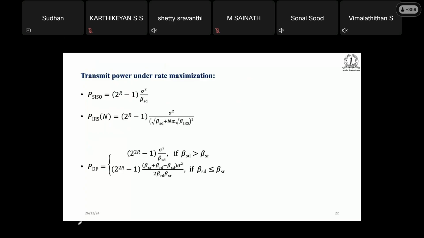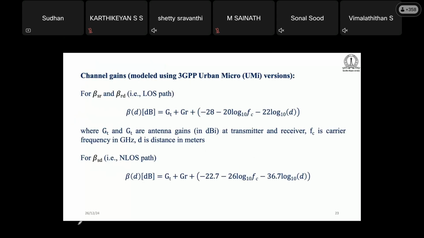So this is the capacity: SISO capacity, IRS capacity, and DF capacity. From here we can see that IRS has a larger maximum capacity compared to the other relay, and it also has some simulation results. Let me have a look.